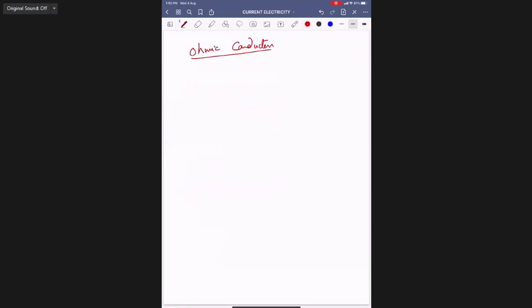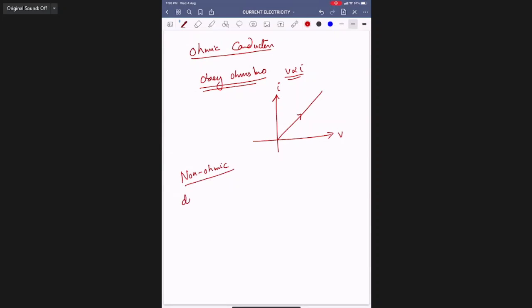What are ohmic conductors? Those which obey Ohm's law. So V is proportional to I. Then if you draw a graph between I and V, it is a straight line passing through the origin. What are non-ohmic conductors? Those which do not obey Ohm's law.